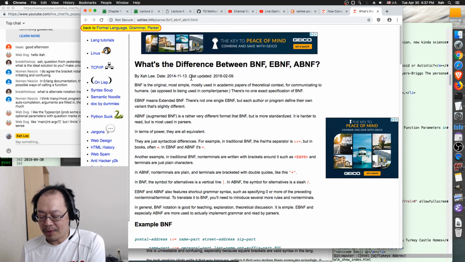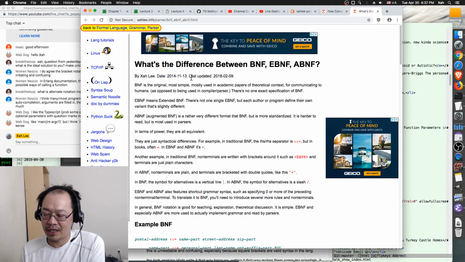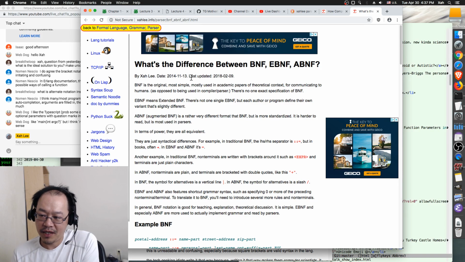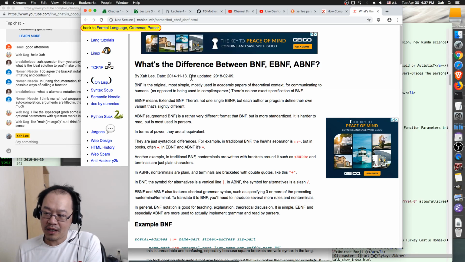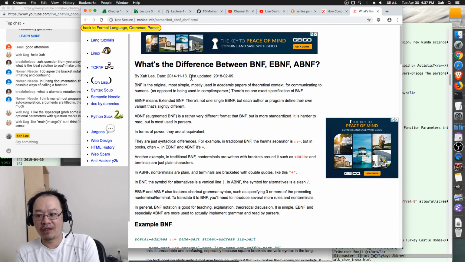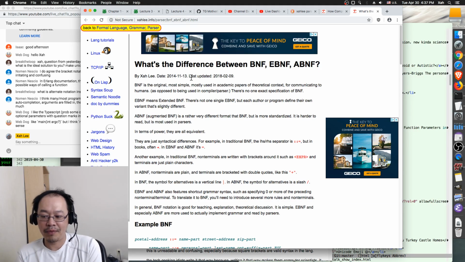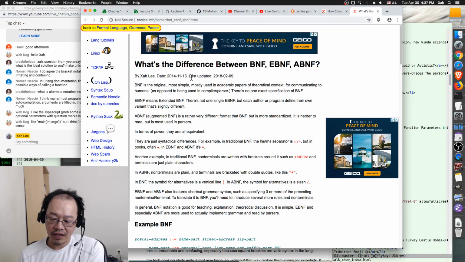Basically it's a syntax to express programming language grammar, and most programmers don't know anything about this unless you are someone who starts to work on parsers or compilers. If you have done any study of compilers, maybe as homework at college, you'll know. So this BNF is a syntax to express programming language grammar.